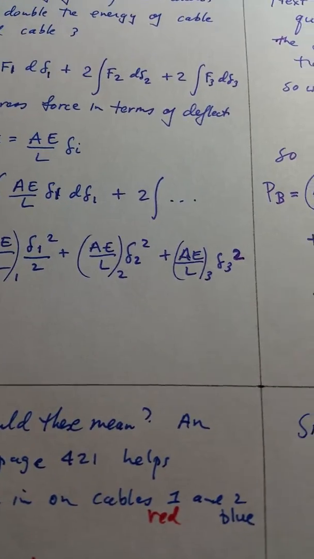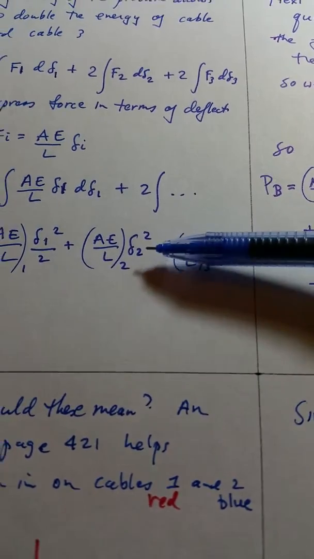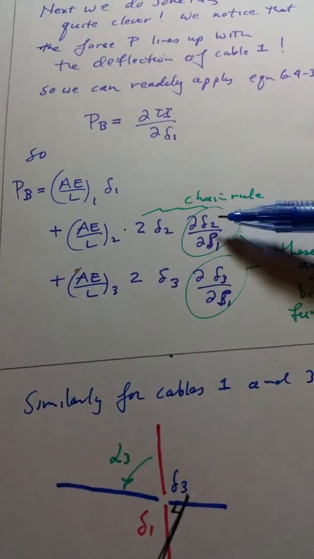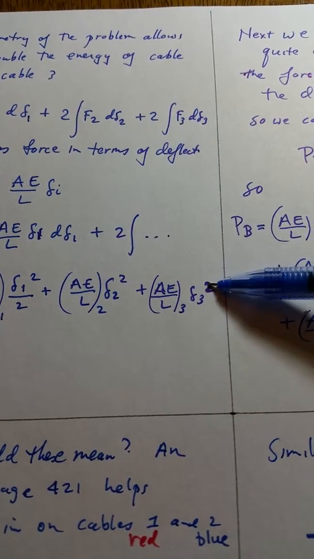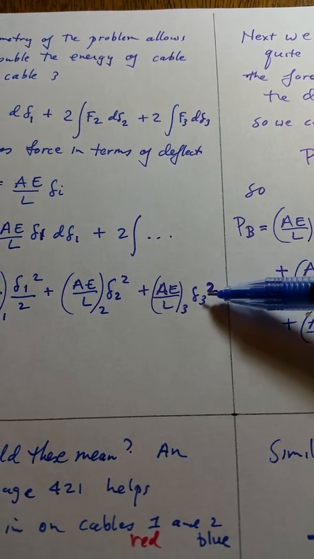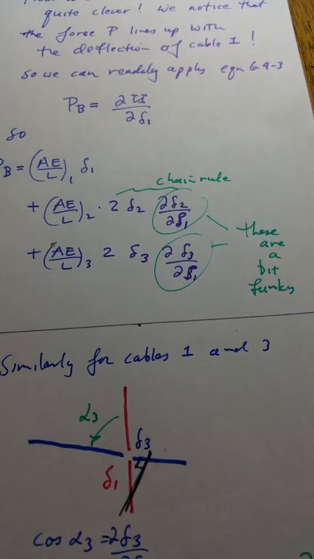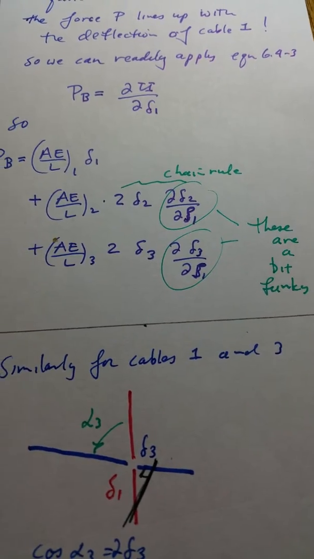So we have 2 delta 2 times partial delta 2 partial delta 1. So that's exactly what's happening here. And the third one, chain rule in here, we have the 2 delta 3 and then partial delta 3 partial delta 1. Now these are kind of funky.